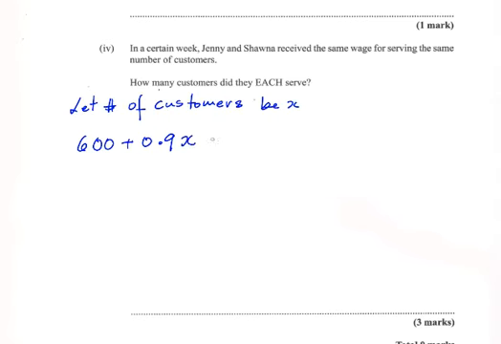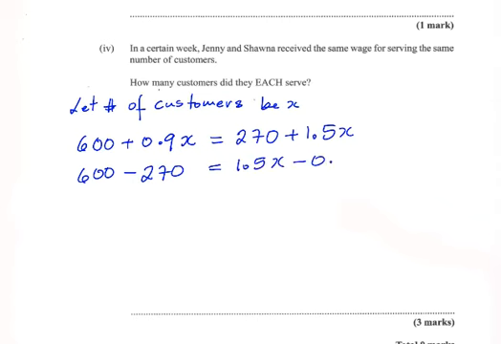So that's Jenny's wage, and it's going to be equal to Shauna's wage, which is 270 plus 1.5x. So let's solve this equation to find the value of x. I'm going to have 600 minus 270 on one side, so positive 270 goes over and becomes negative, and 1.5x minus 0.9x.